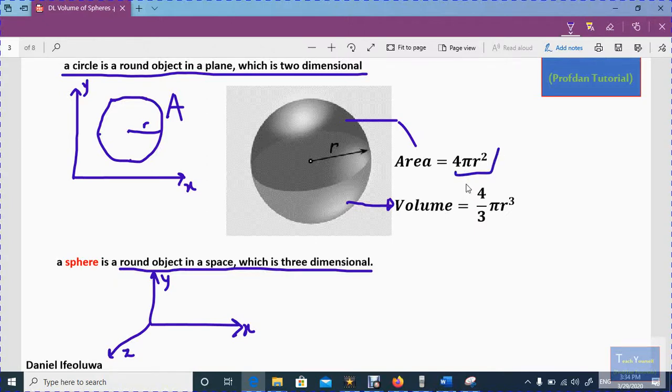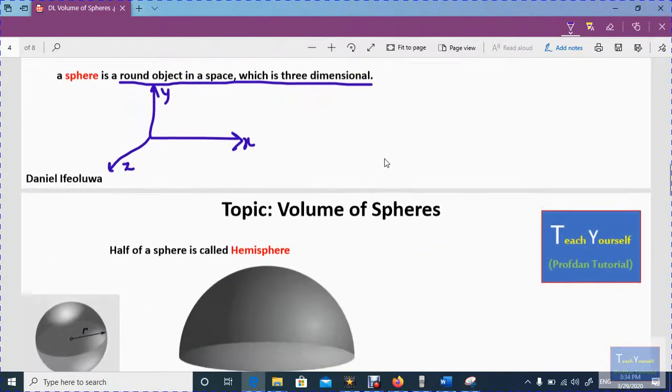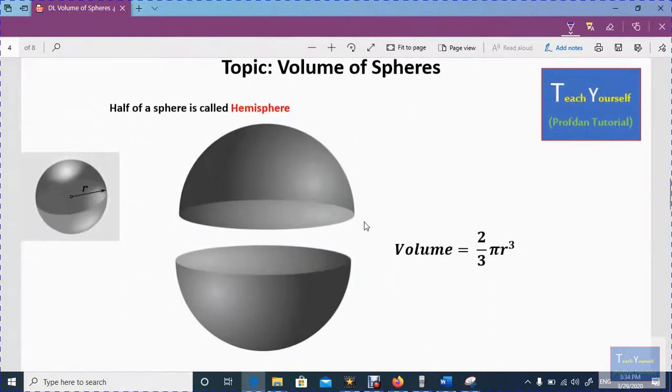Its volume, which is our focus today, is 4/3, that is 4/3 multiplied by pi, a constant, and the cube of its radius. Every cross-section of a sphere gives a circle. This part here is a circle.